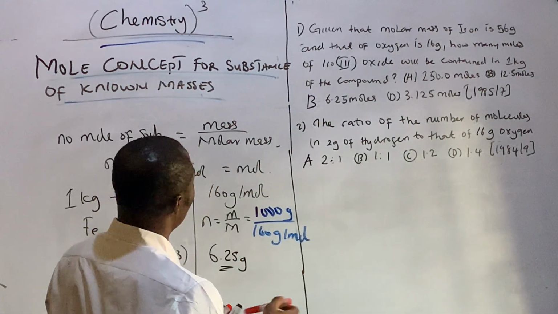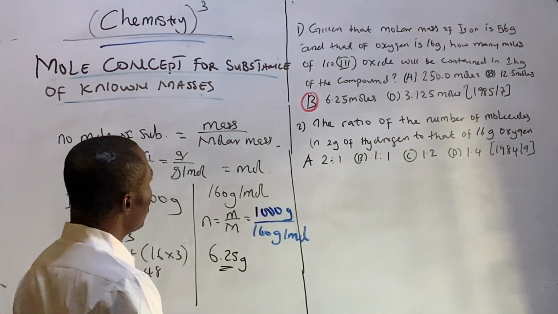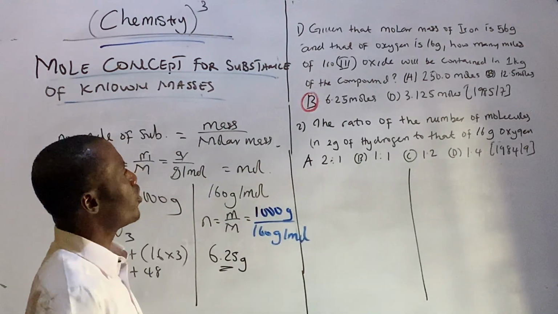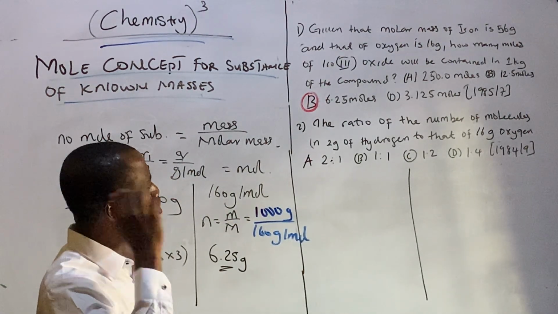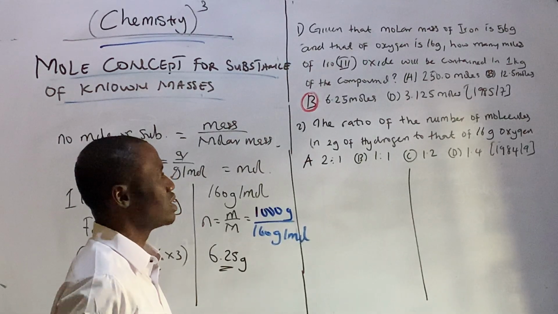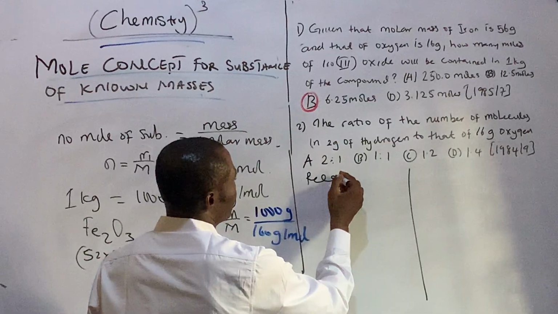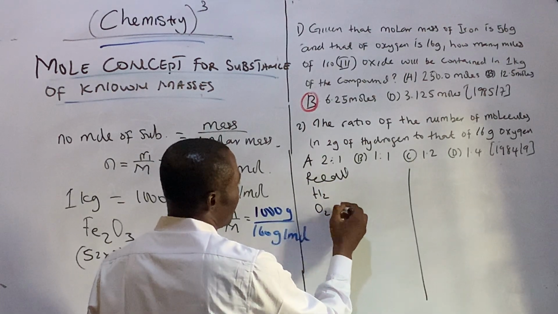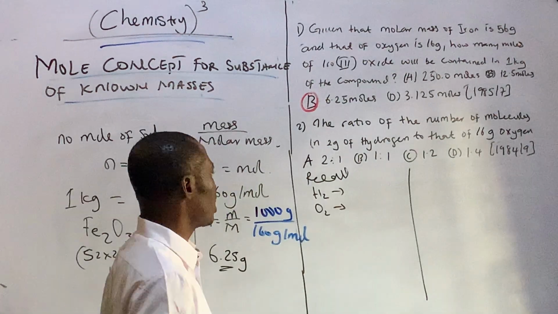Let's look up at the board, okay? So this is the answer for the first question. The second question, we were asked to find the ratio of the number of molecules in 2 grams of hydrogen to that of 16 grams of oxygen. Recall that hydrogen and oxygen are diatomic molecules. They exist as diatomic molecules.